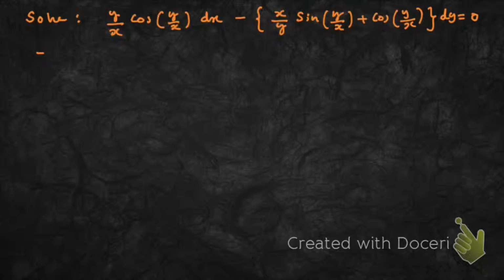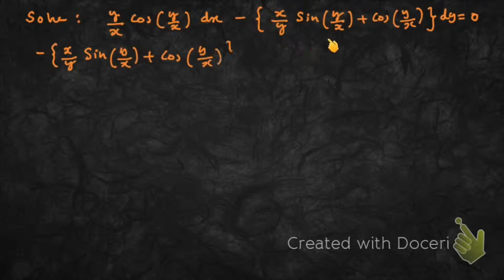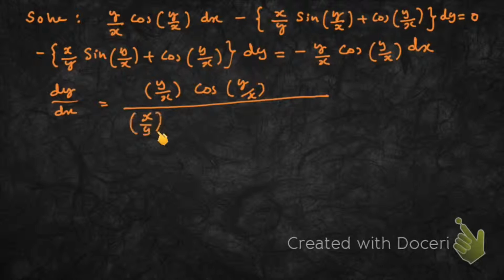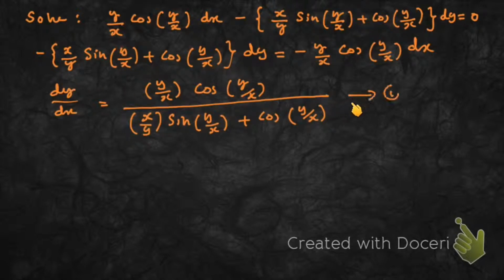The first thing is to make dy by dx as the subject of this equation. For that, I keep the dy term on the left side, that's this part, and the dx term I shifted to the right side and made dy by dx as a subject, and so this is what I get.